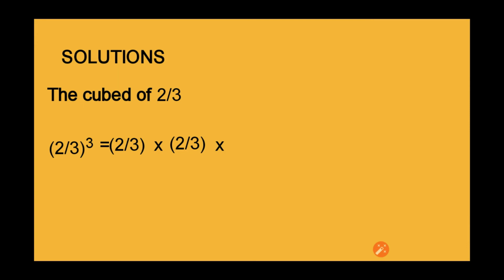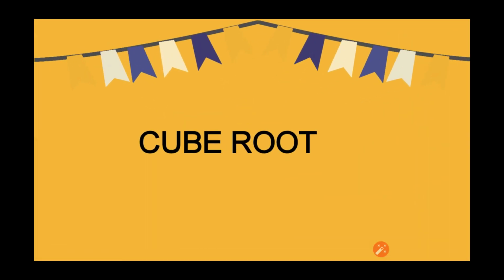We'll multiply out our numerators, and we'll also multiply out our denominators. 2 over 3 times 2 over 3 gives us 4 over 9. 4 over 9 times 2 over 3 gives us 8 over 27.